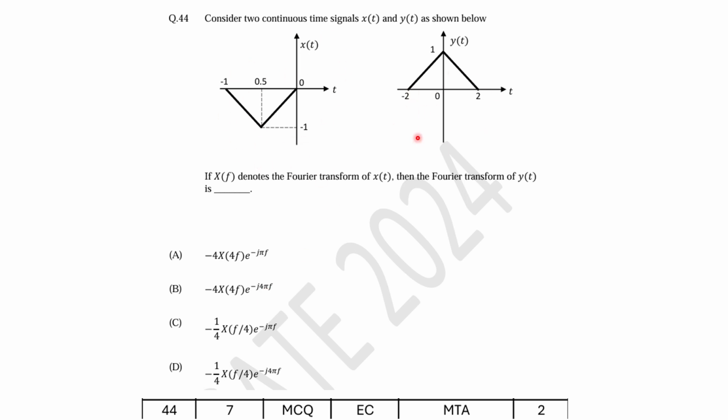How can we solve this? First of all, this is your x(t), and we already know its Fourier transform, X(f). We can shift this signal so that we can achieve the other signal. First we apply the time reversal, then shift, and if we take the mirror image along the x-axis we will get it, and accordingly we can shift in the frequency as well.